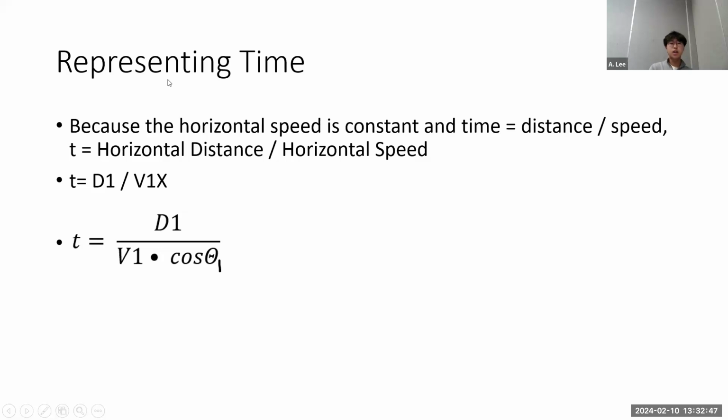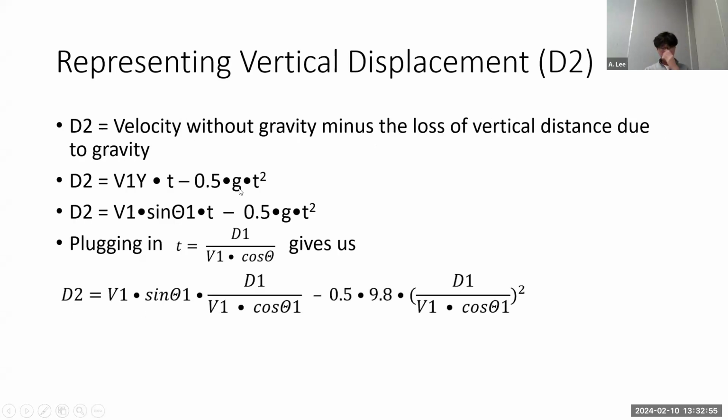We also solve for time using the distance between the Fritz and the owner, and then solve for the vertical displacement of the food object using the initial velocity in the y direction, time, and the force of gravity, to find vertical displacement in terms of initial conditions.